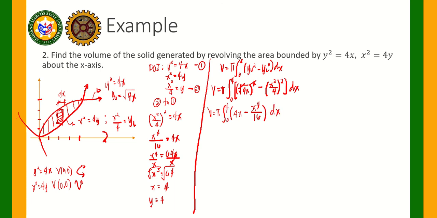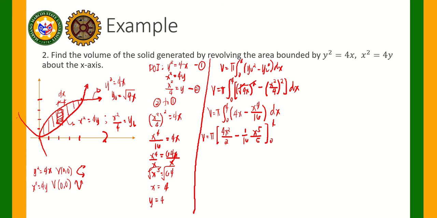And we can separately integrate the terms. So, V is equal to pi times, what is the integral of 4x dx? That is equal to 4x squared all over 2. And then for x to the 4 over 16, we isolate the constant. And this is x raised to 5 all over 5.